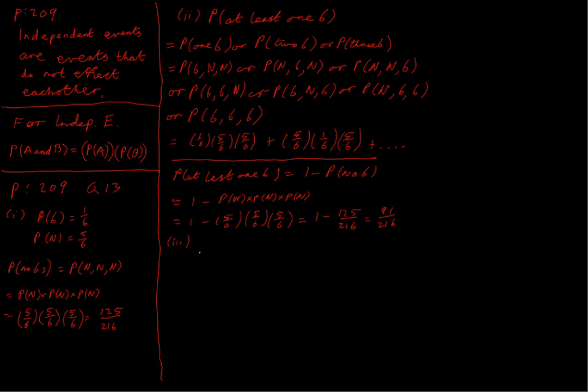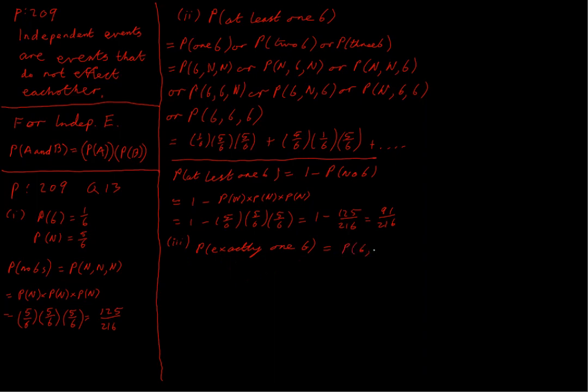Probability of getting exactly one 6. Exactly one 6. This is a lot more restrictive than this is. So that would be equal to the probability of getting, what could we have?